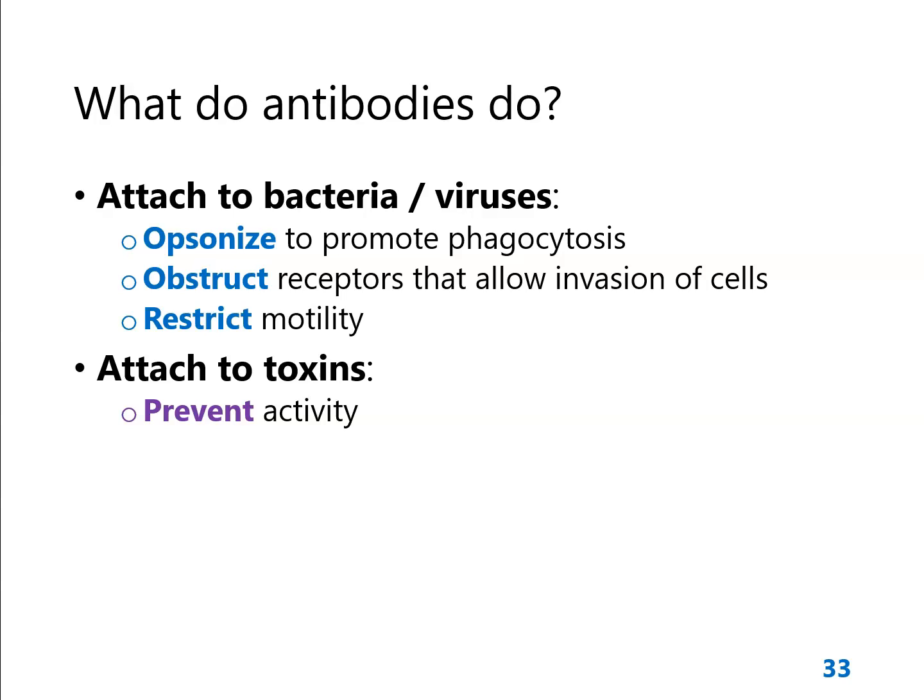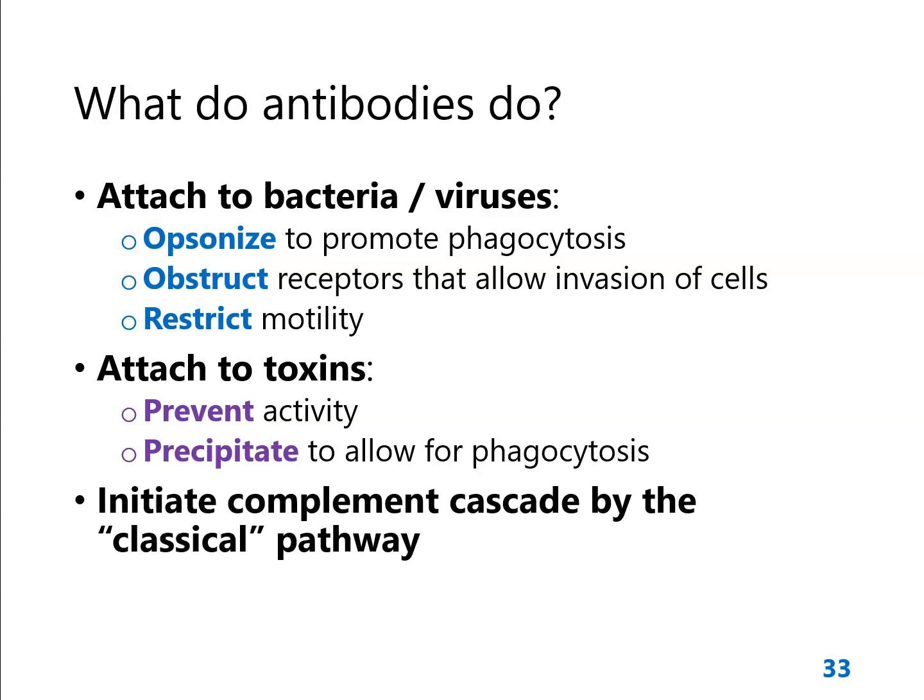So protein toxins can be completely neutralized by antibodies. And lots of them can stick together until they form a big enough network of antibodies and protein toxins that they become insoluble. They precipitate, and this allows phagocytes to phagocytose them.